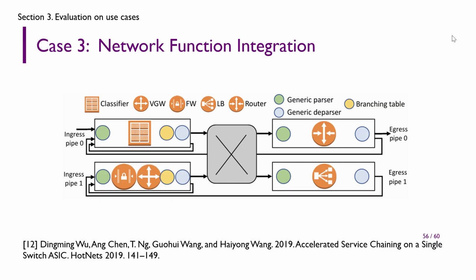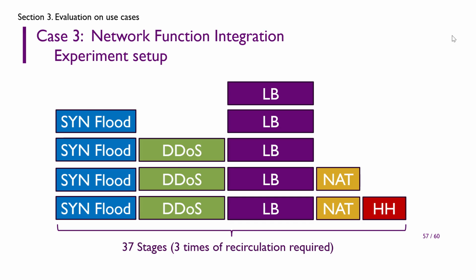The third case is network function integration. Researchers have implemented a number of network functions on P4-based switches, such as firewalls and load balancers. These functions often contain long dependency chains, making them take up too many stages in the pipeline.